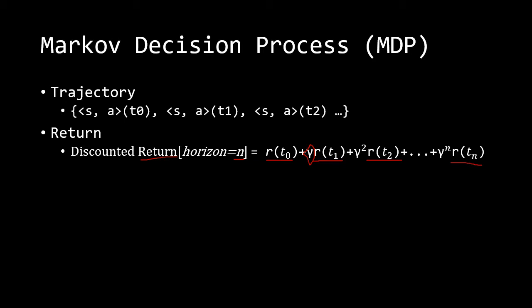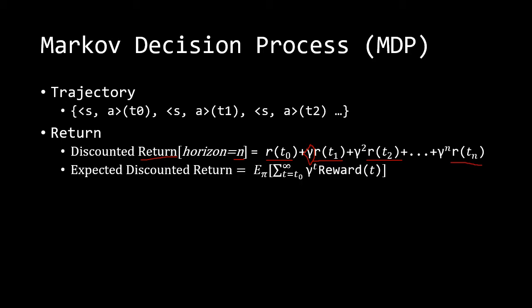Well, what can I do with that? This is just when I apply a policy, I get a trajectory and I get this return for this particular trajectory. But actually, this is similar to having sampled that from one distribution, the distribution of pi, because it comes from this policy.